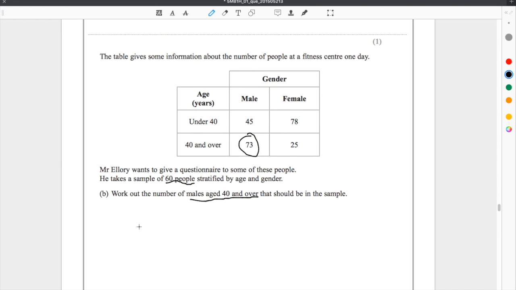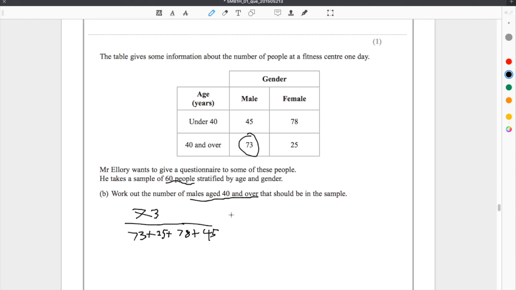So what we do, and again this is a standard question, we do 73 divided by, and we add all of these numbers together. So 73 plus 25 plus 78 plus 45.